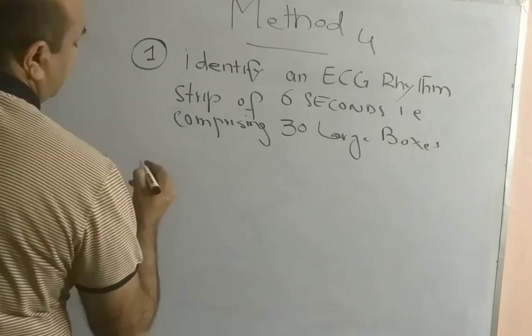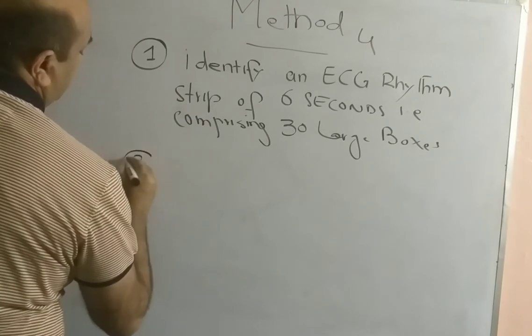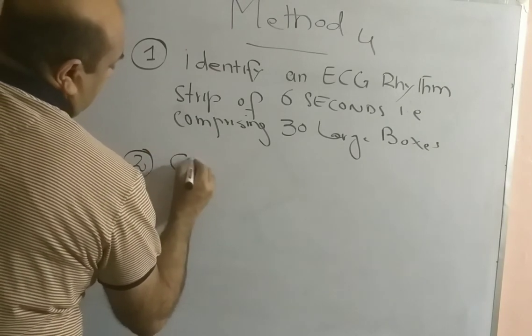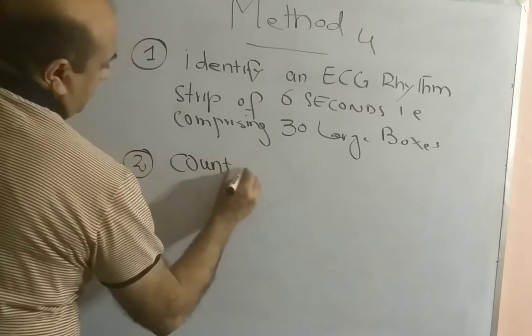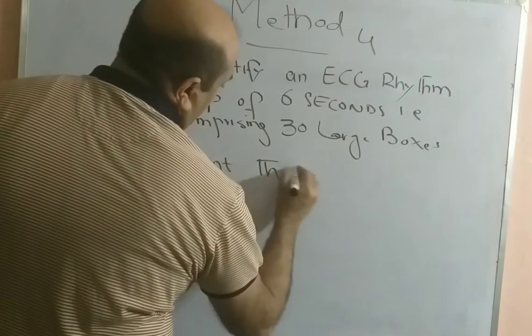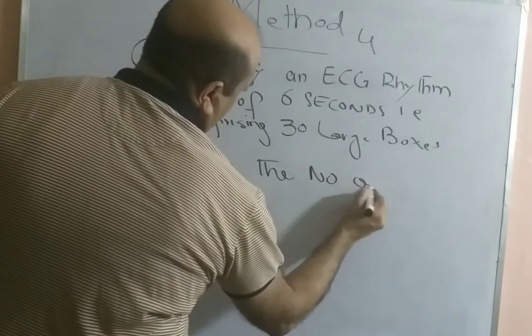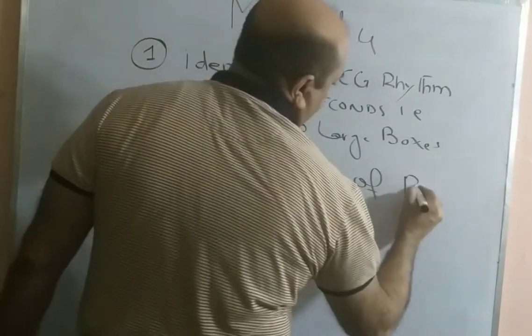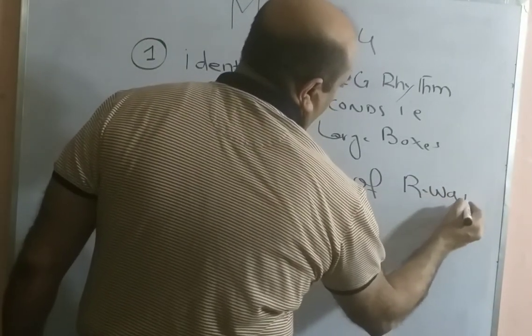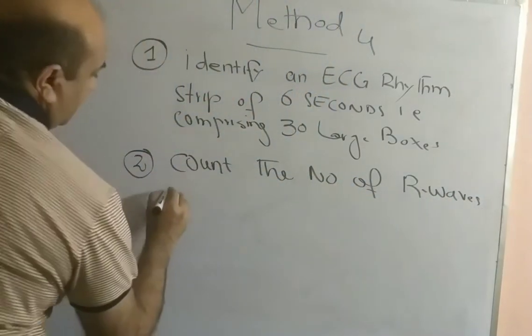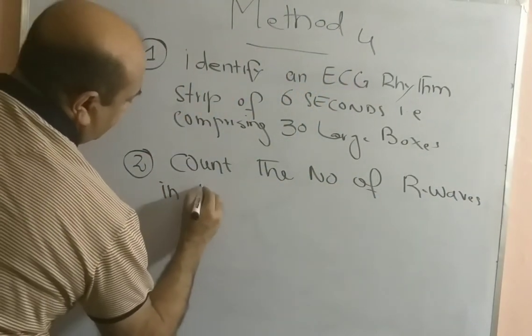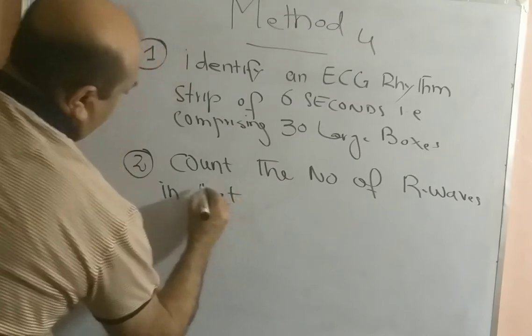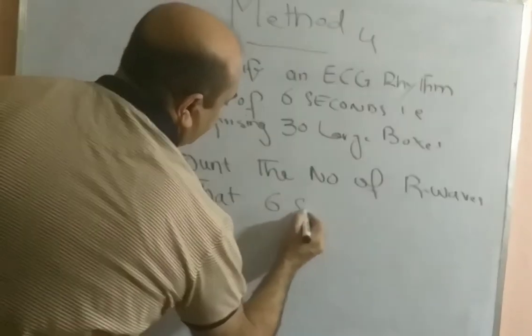Then step number 2, count the number of R waves in that 6 second strip.